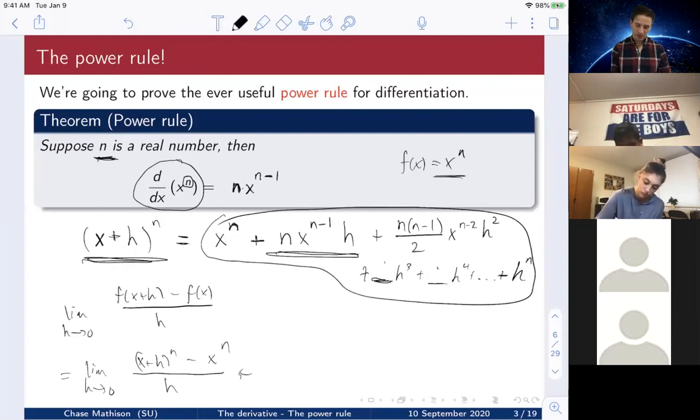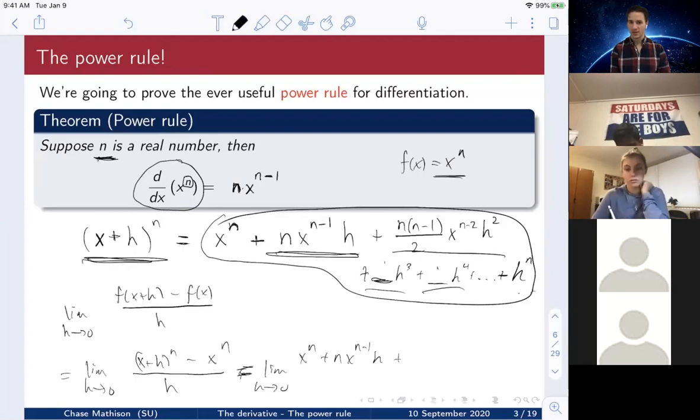So this is equal to the limit as h approaches 0 of x to the n plus n times x to the n minus 1 h plus, and then everything else is going to have at least an h squared in it, right? This term has an h squared, this term has an h to the third, this term has an h to the fourth, and so on.